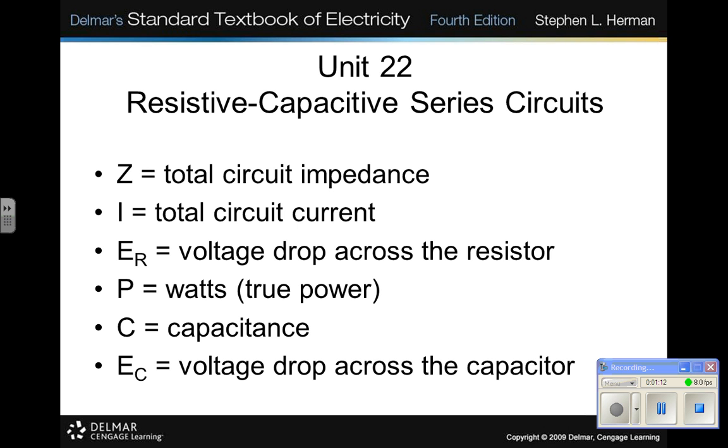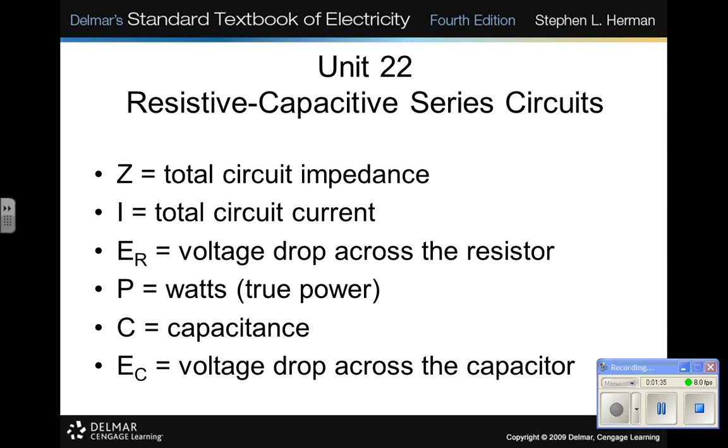We're going to find total current. E sub R is the voltage drop across the resistance. P is true power, and that's the result of the power going through the resistive part of the circuit. And capacitance, we know what that is. And E sub C, the voltage across the capacitor.